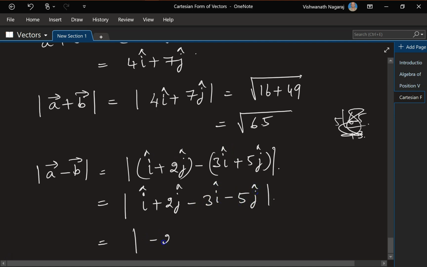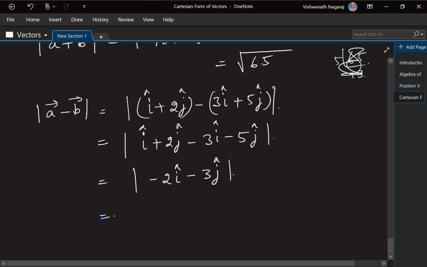So this becomes minus 2i minus 3j. So which would be square root of 4 plus 9, which is square root of 13.